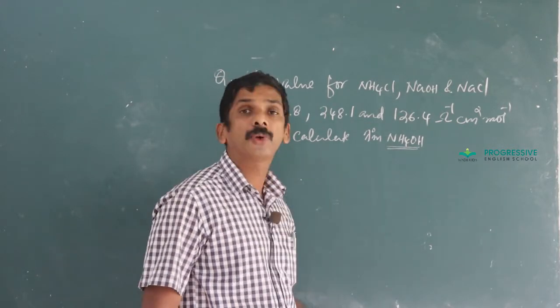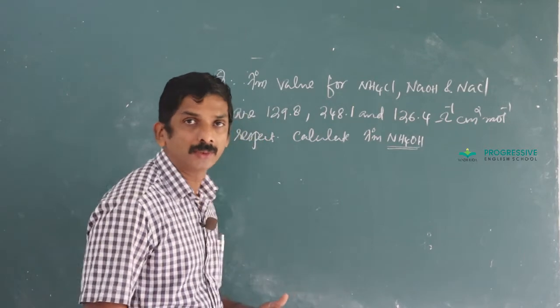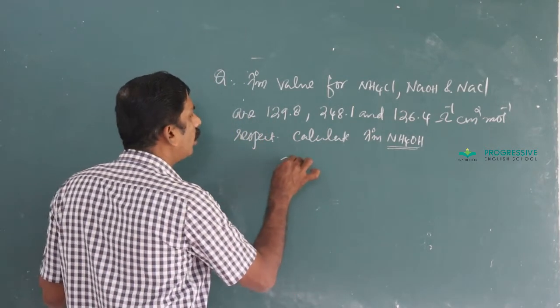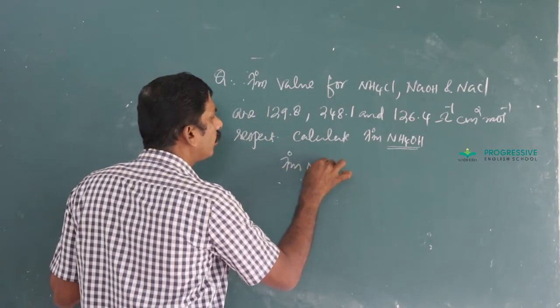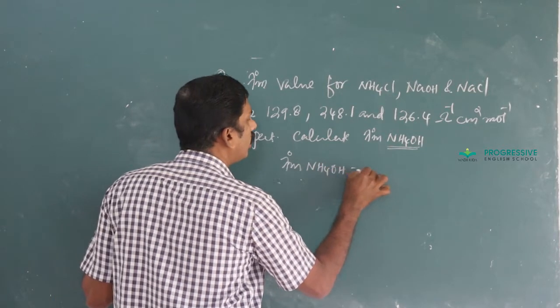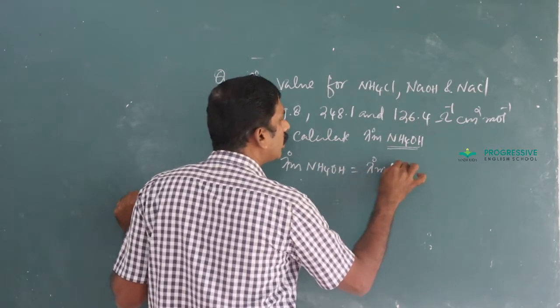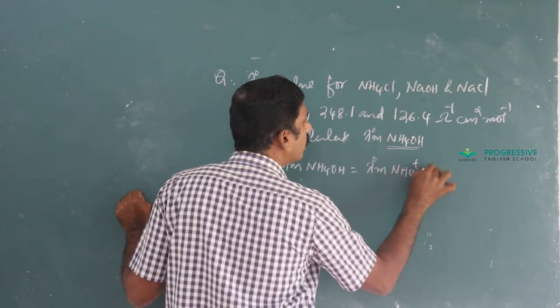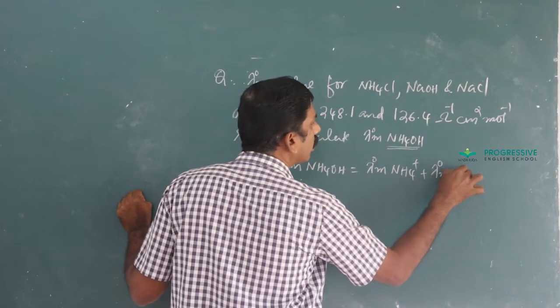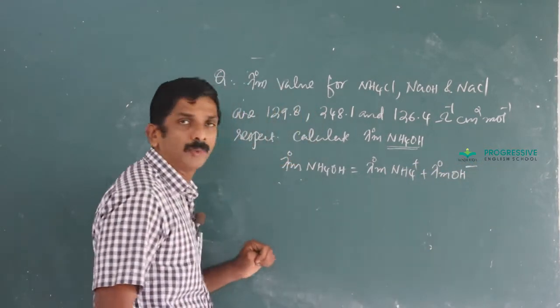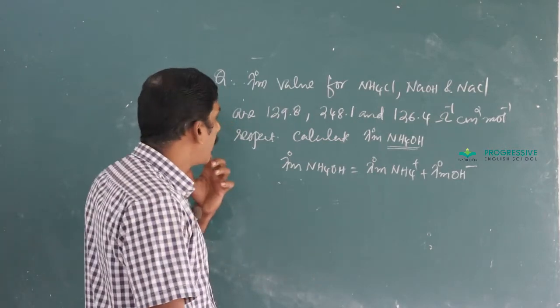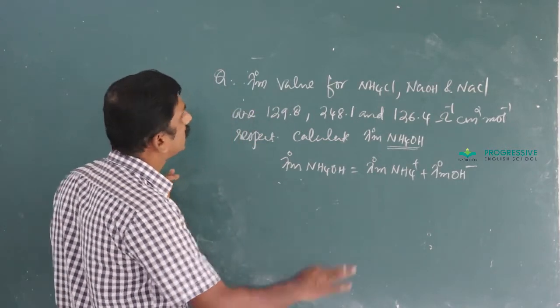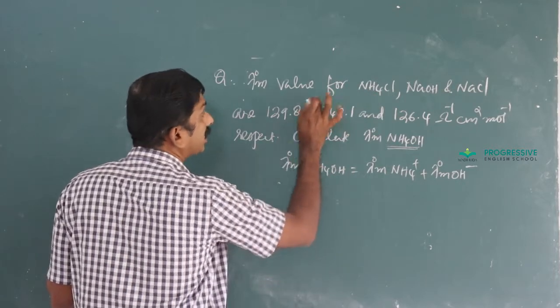You know, NH4OH is a weak base. By applying Kohlrausch's law, lambda 0m NH4OH equals lambda 0m NH4 plus plus lambda 0m OH minus. For that, you are provided with lambda 0 values of three strong electrolytes.